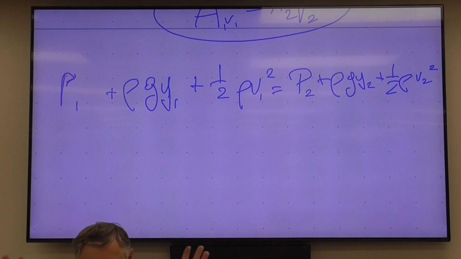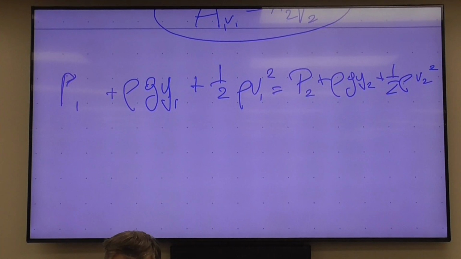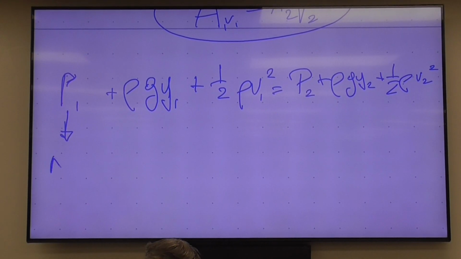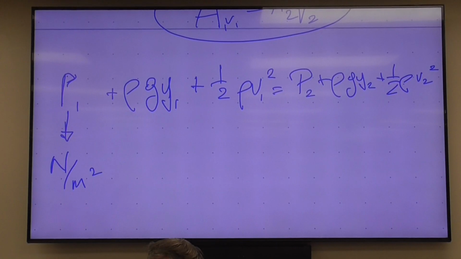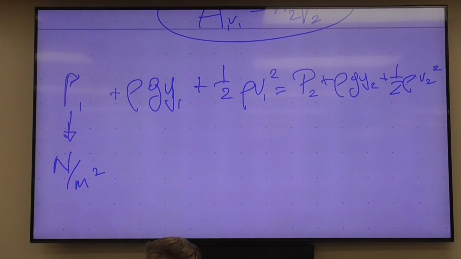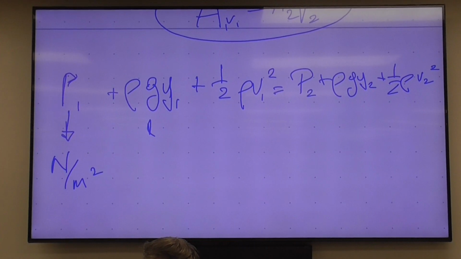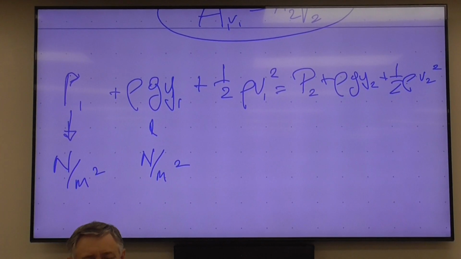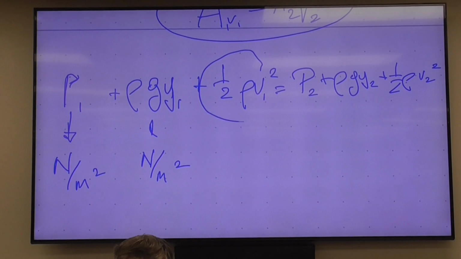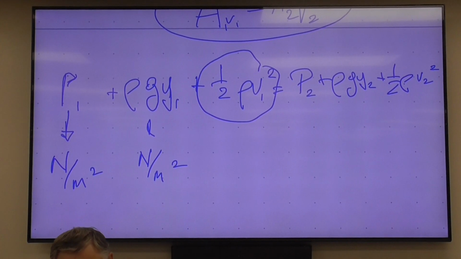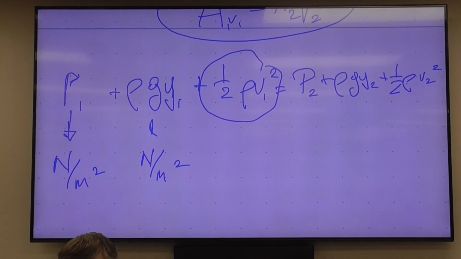Let's talk about this in terms of units. Obviously this is going to be pressure, in newtons per square meter. This is going to be rho g y, which is also, as we just proved, newtons per square meter. This one gets a little wonky because it's one half density times velocity squared.